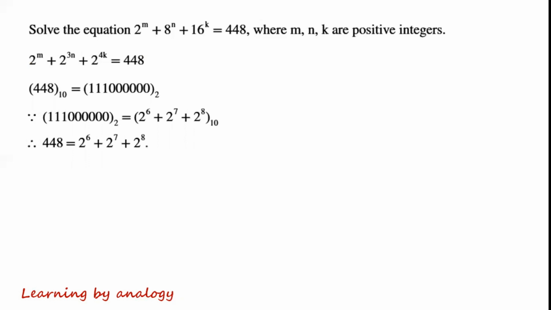So 448 equals 2 to the power of 6 plus 2 to the power of 7 plus 2 to the power of 8. So 2 to the power of n plus 2 to the power of 3n plus 2 to the power of 4k equals 2 to the power of 6 plus 2 to the power of 7 plus 2 to the power of 8.